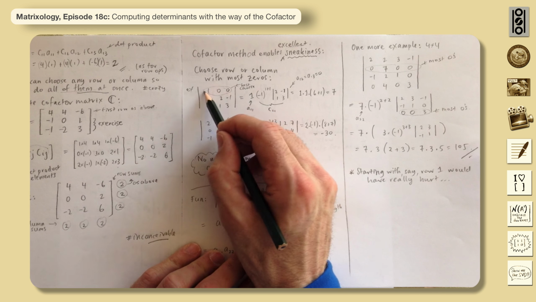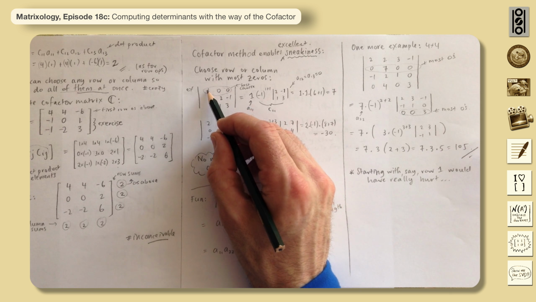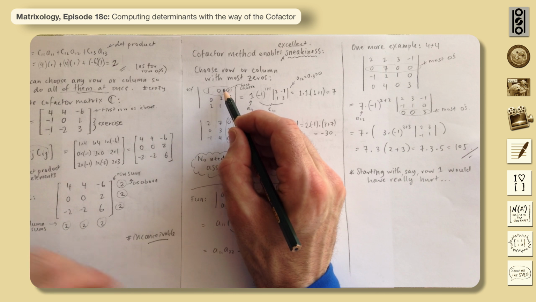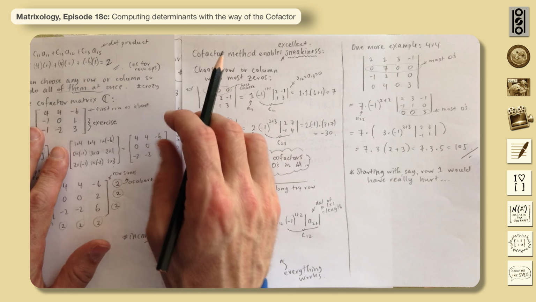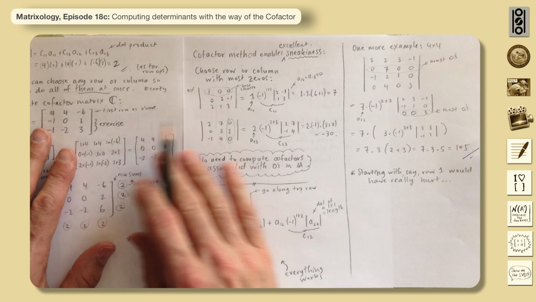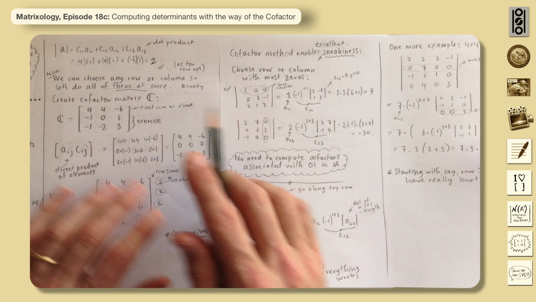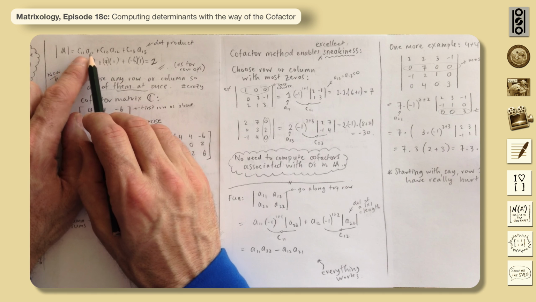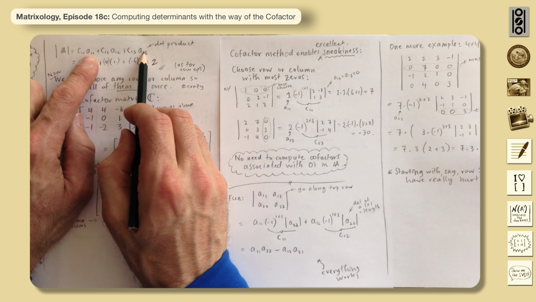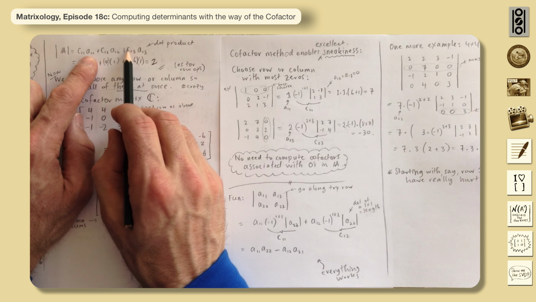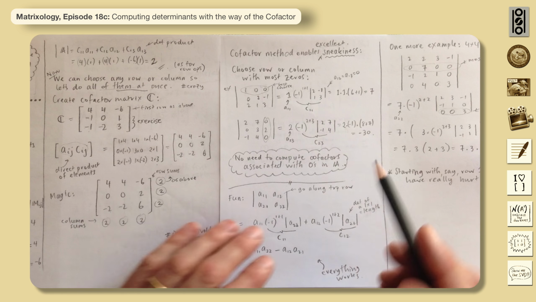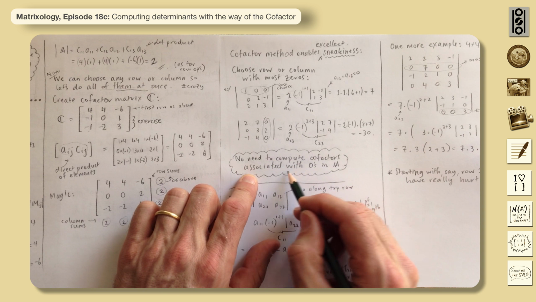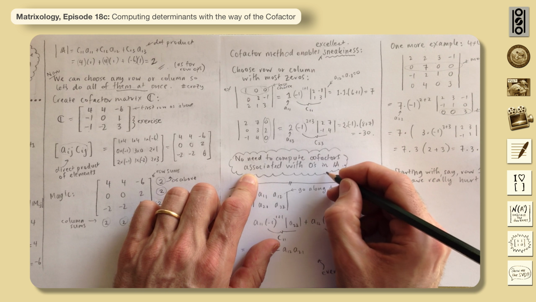So this would be the best choice because it's 1 here, 0, 0. If we go back to our calculation that was based on the first row, if this was a 0 and this was a 0, we don't even have to calculate the cofactors. So there's no need to compute cofactors associated with zeros in A.